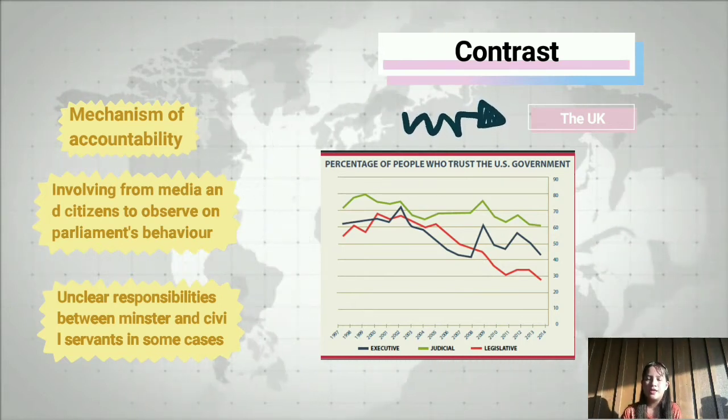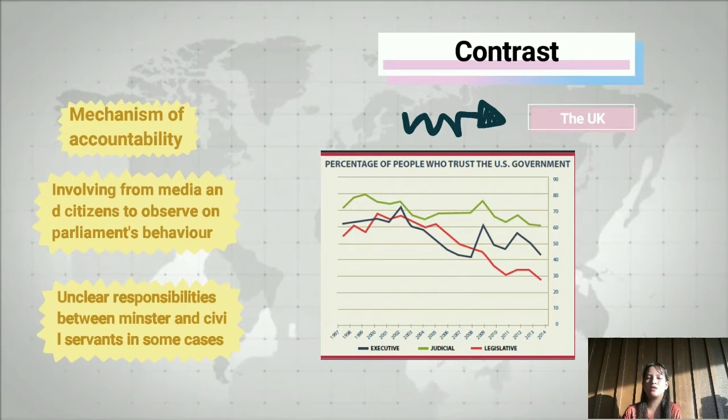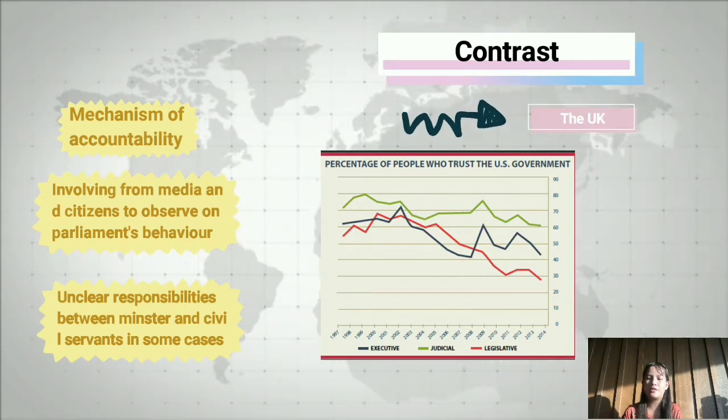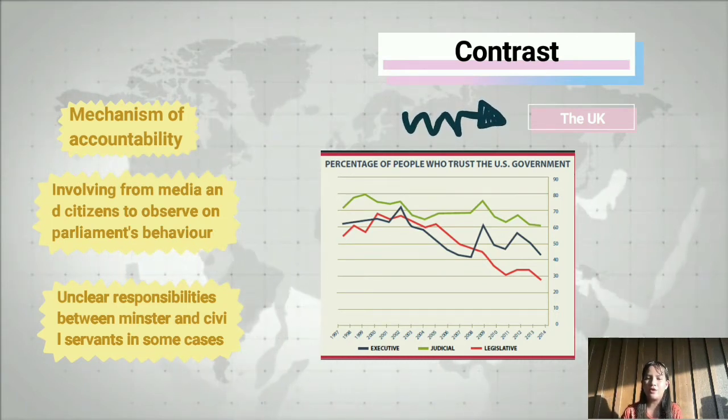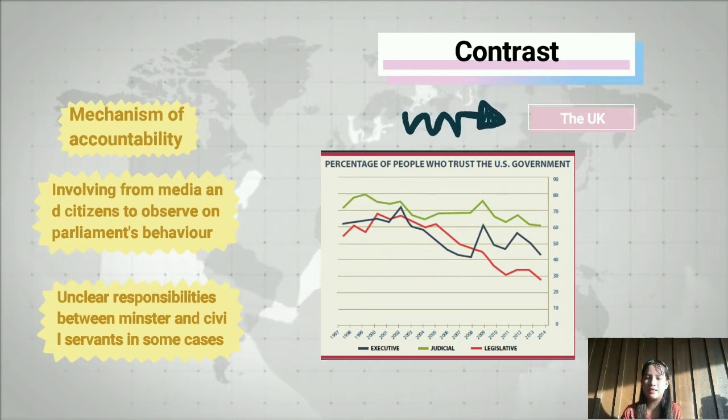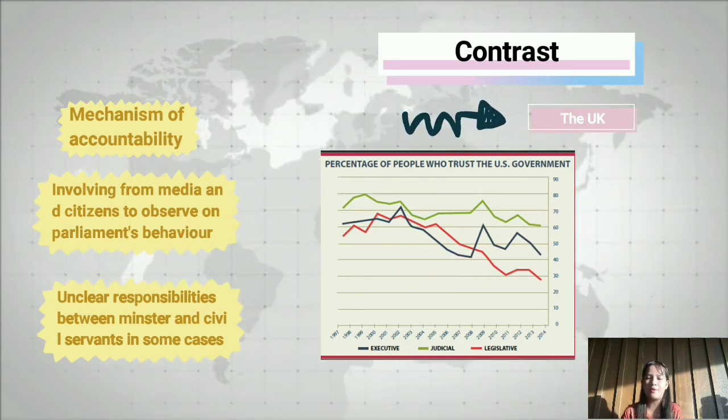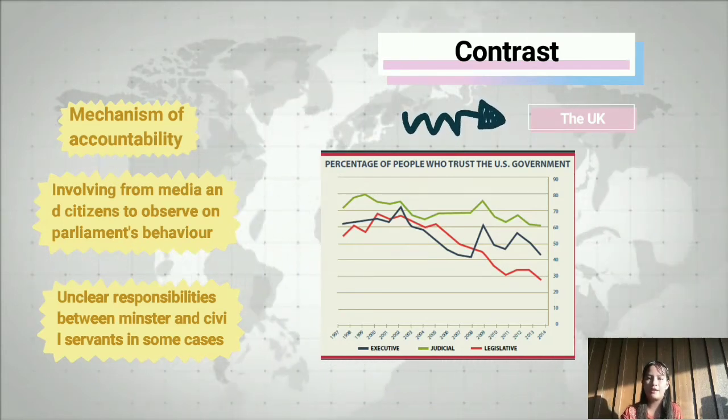Among them is TheyWorkForYou, which launched in the UK to report the actions of parliament to citizens. This involvement of social media and citizens in scrutinizing parliament's decisions and performance is part of improving government accountability to the public through open data.